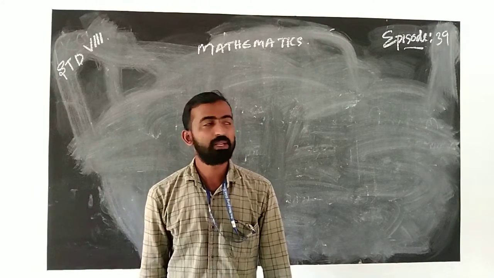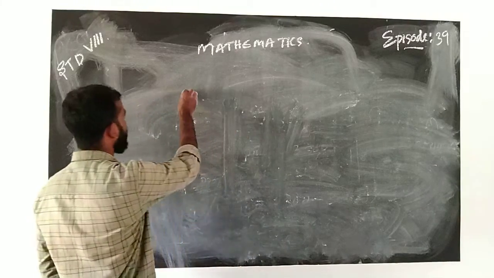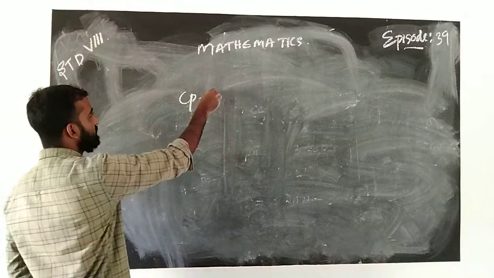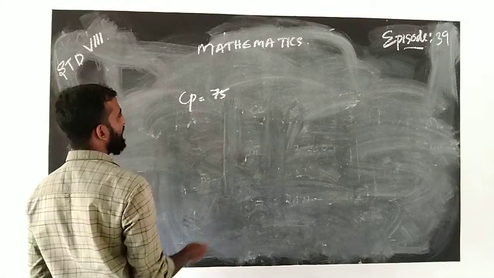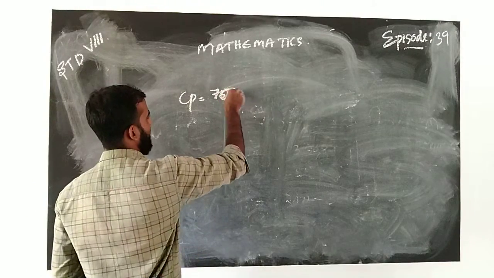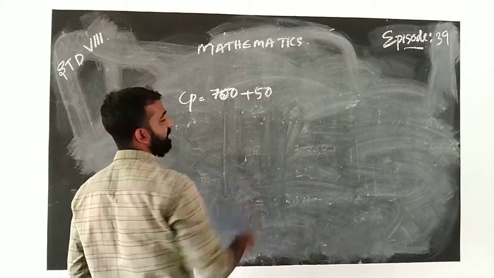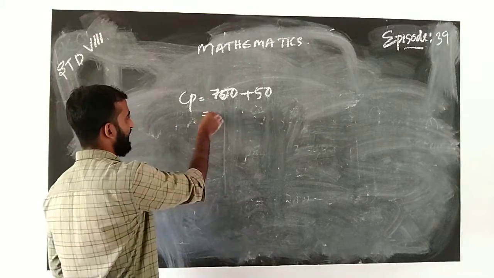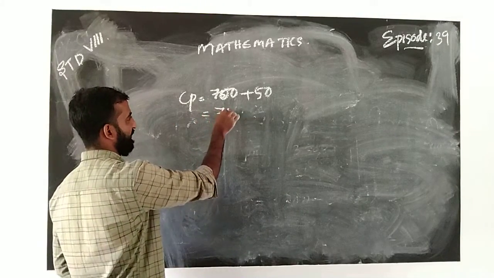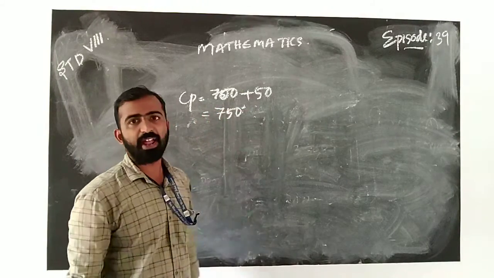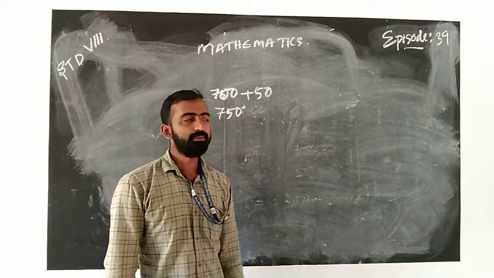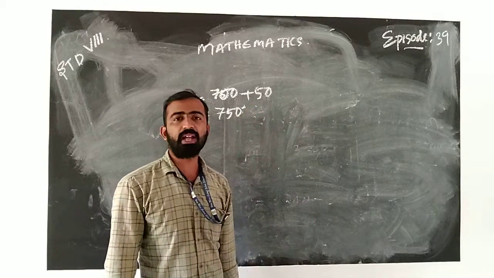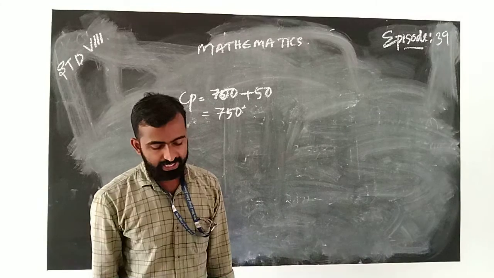What is the cost price? Cost price equals 700 plus 50, that is 750 rupees.